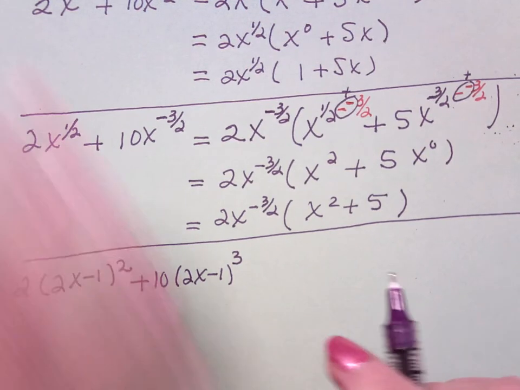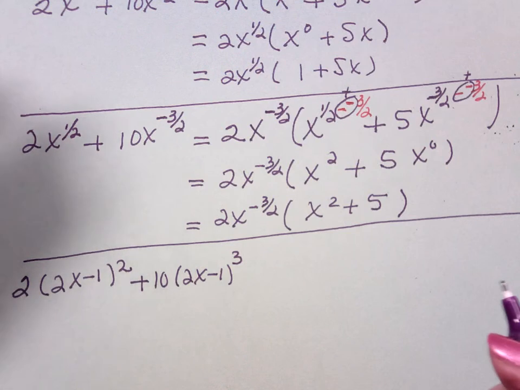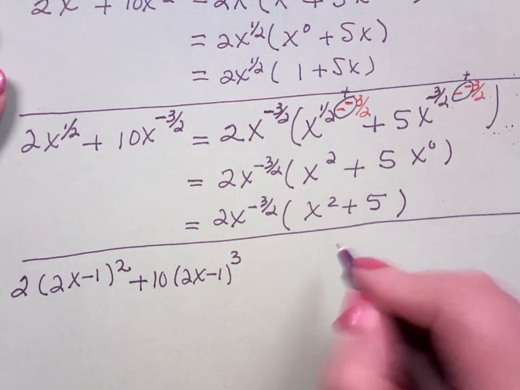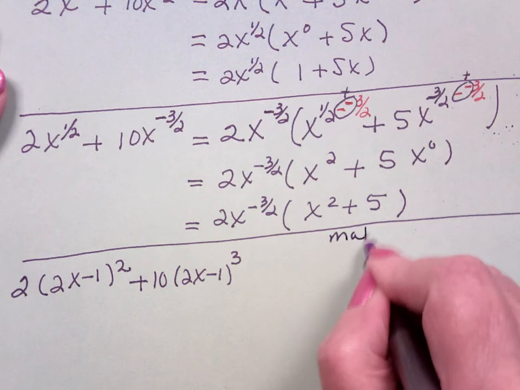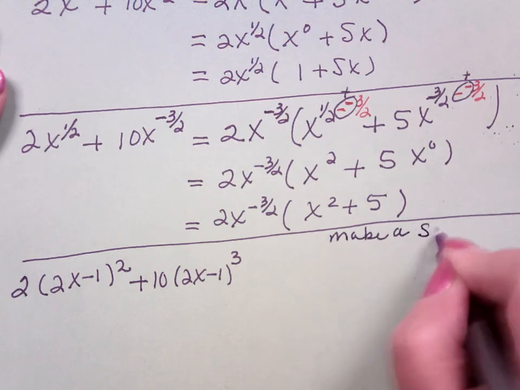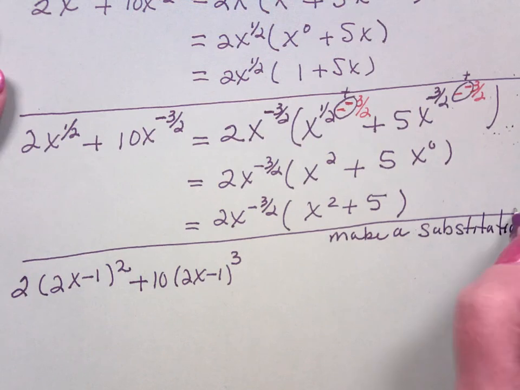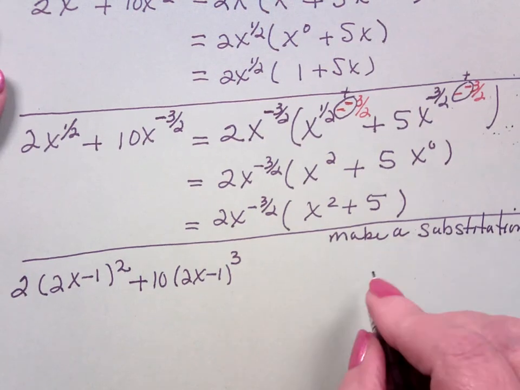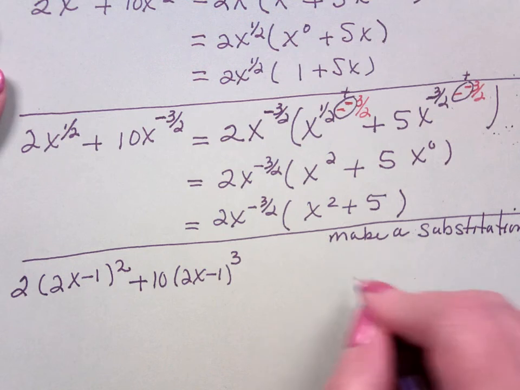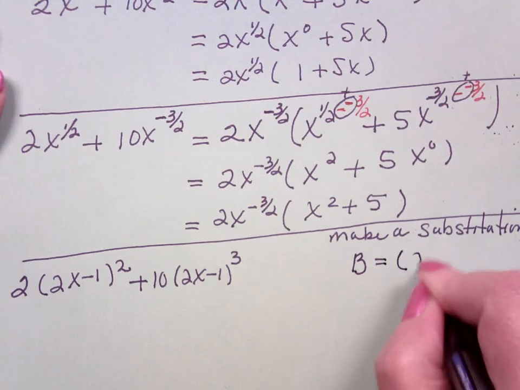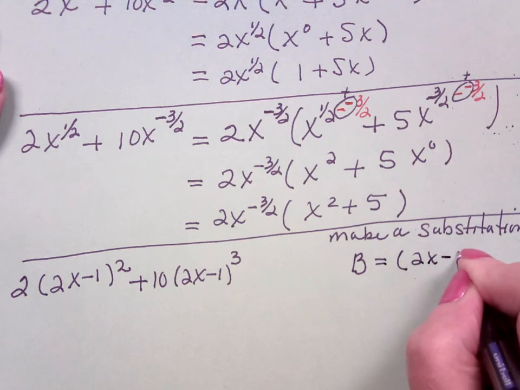Now in this particular instance, and some of you won't need to do this later on, I'm going to make a substitution. I'm going to let b for blob be equal to just the common parentheses 2x minus 1.